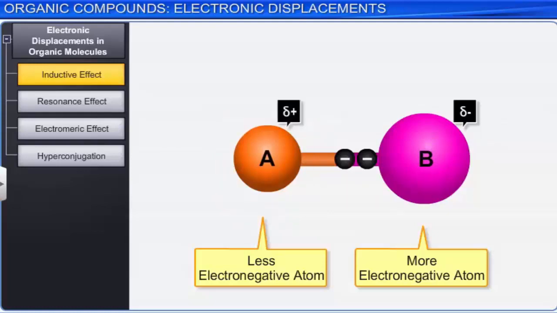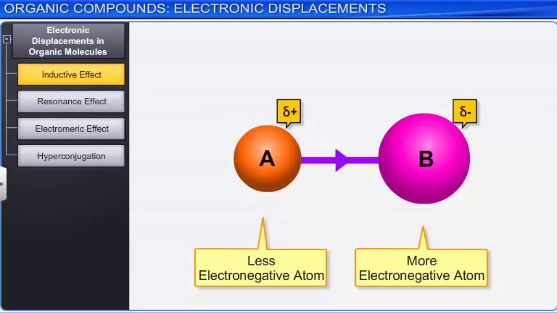The fractional electronic charges in a polar covalent bond are denoted by delta positive and delta negative, and the shift of the electron density is shown by an arrow that points from delta positive to delta negative end of the polar bond.